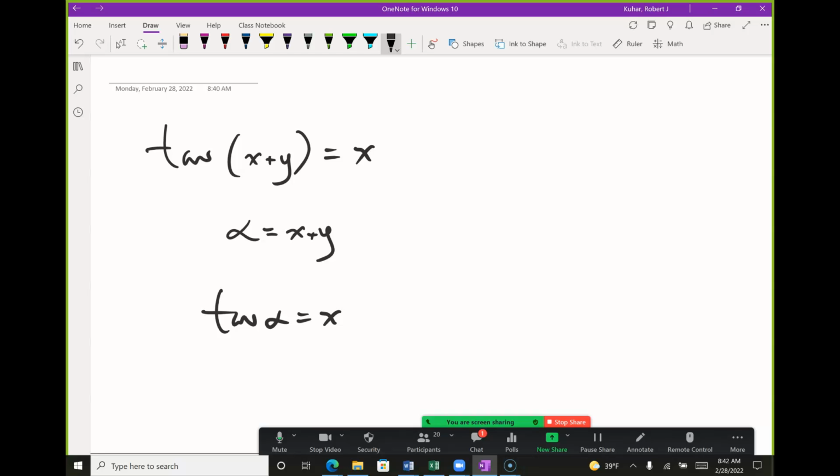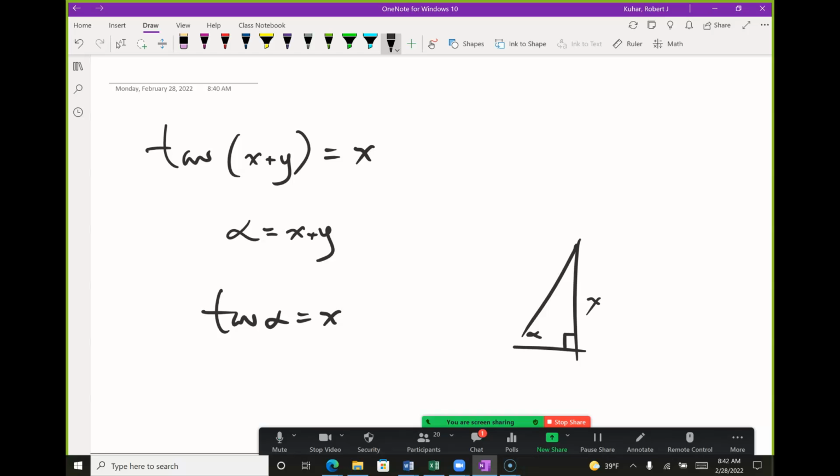I see a triangle. What kind of triangle? Oh, like a right triangle? Yes. I see a right triangle with an angle of alpha. And tangent is telling me the ratio of sides. So what sides can I label there? Two of them. Opposite over adjacent.